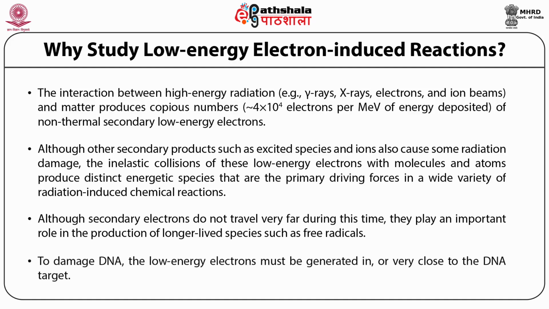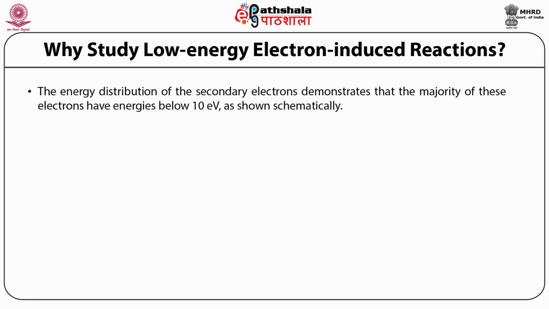To damage DNA, the low energy electron must be generated in or very close to the DNA target. The energy distribution of the secondary electrons demonstrates that the majority of these electrons have energy below 10 electron volt.